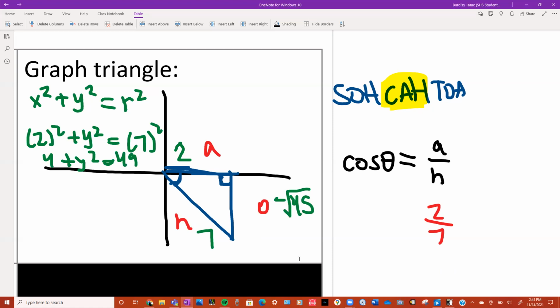Because when we find that, we would get the positive and negative square root of 45, but we need to take the negative one because down is negative, since it's below the x-axis, sorry. And that's our sides. We find out that A is 2, H is 7, and O is negative square root of 45.